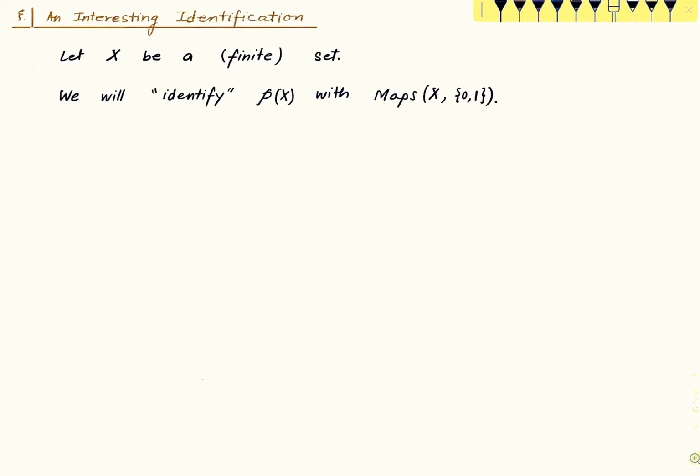So let's make a very interesting bijection between the power set of a set and this set. So what is this set? This is the set of all the maps from X to this 2-element set. So let me write that down. Right, that's the definition of this thing. Okay, and what is the identification?